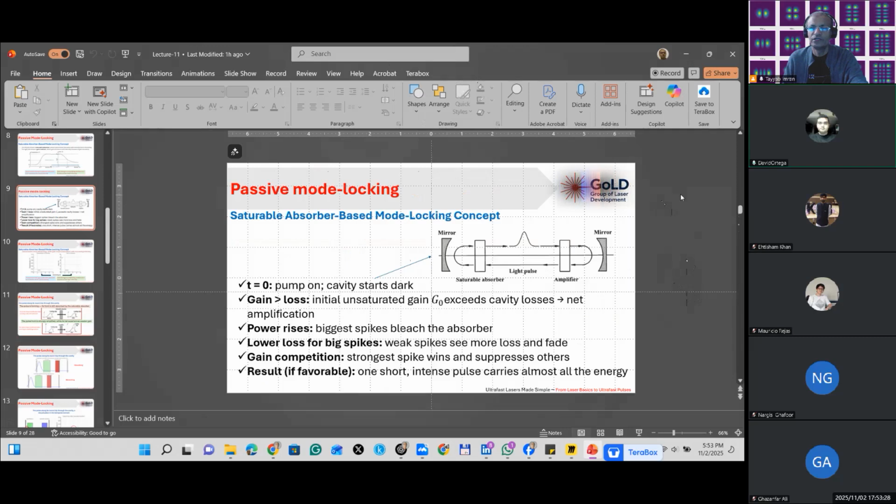What do you see now? The presentation is not full screen. Just a minute.